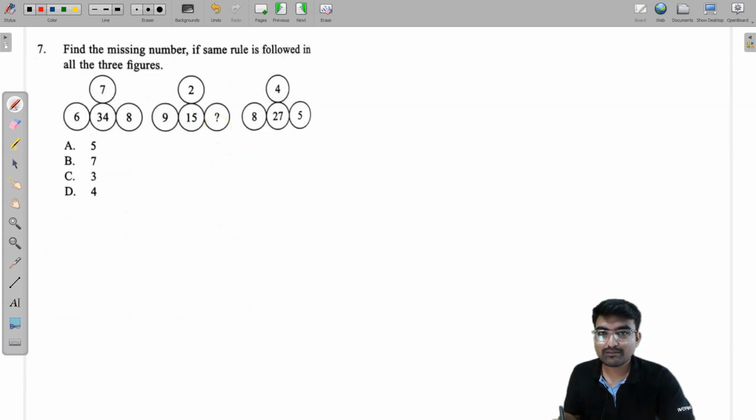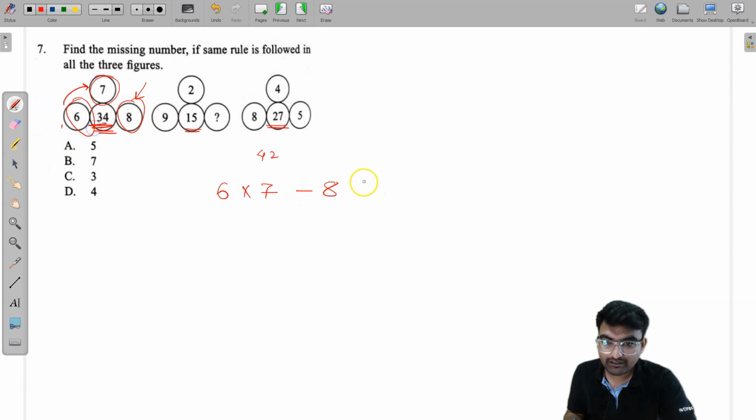Okay, question number 7. Look at these numbers 6, 7 and 8, and we can see that the middle number is always the biggest one. Now let's think of some logic. Try multiplying these two: 6 into 7 is 42. If I subtract this 8, then I get the middle number, 34.